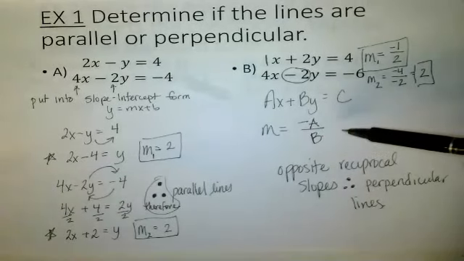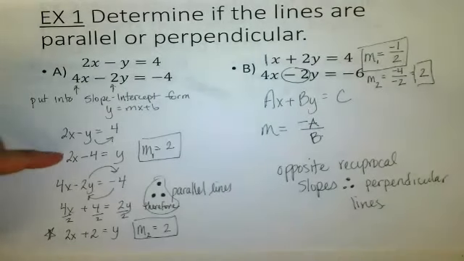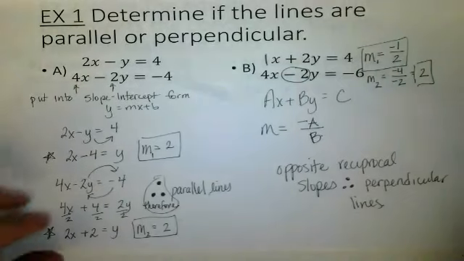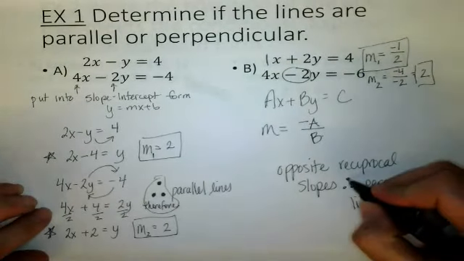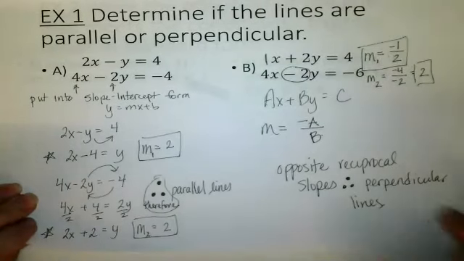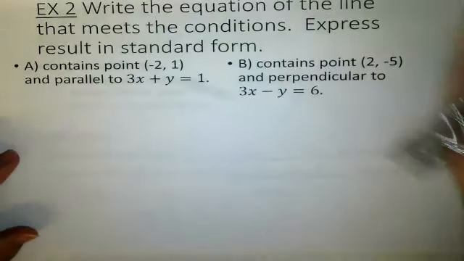Okay, but again, I don't like having you memorize stuff, and that seems like a factoid thing, like just memorize it. Whereas isolating y is a great way to get the slope. When in doubt, go with what you know. But that's kind of nice. So perpendicular lines are opposite, one is negative, one is positive, and reciprocal. You could also check the product. What should their product be? Negative 1. Yes, very good.